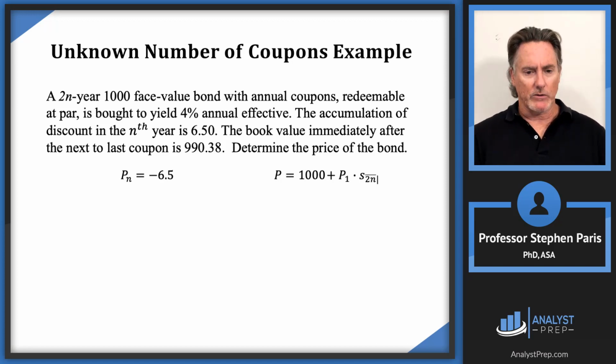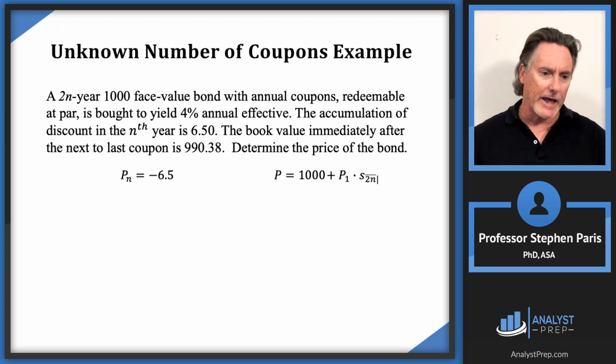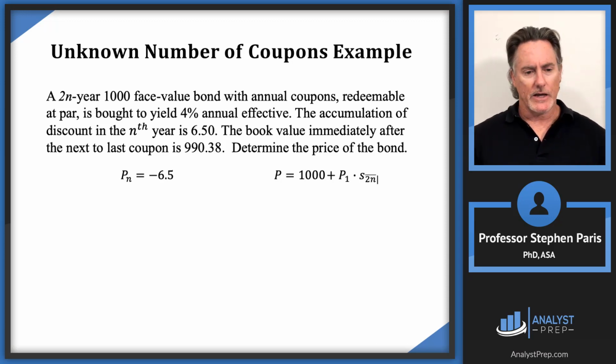How would we move on from here? I've got this one cap P value that was given to me, cap P sub n. It's a negative 6.5, and so I try to pluck out some other information from the problem to get another cap P value. I can do that by looking at the next to last sentence, that the book value immediately after the next to last coupon, so that would be at time 2N minus 1, is 990.38.